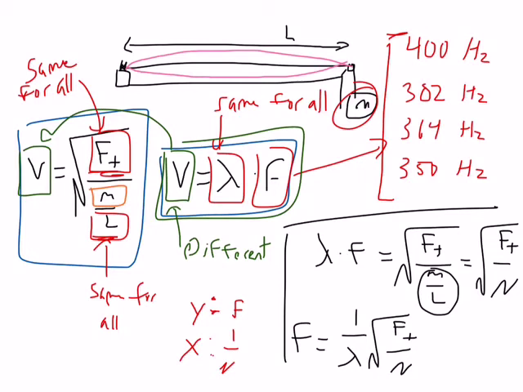And the question is, would that be linear? Well, look at our graph. We have f as our y variable, so that's good. But here, this linear mass density is under a square root. So this is not the same thing. We'd have to plot the inverse of the square root of the linear mass density for it to be linear.